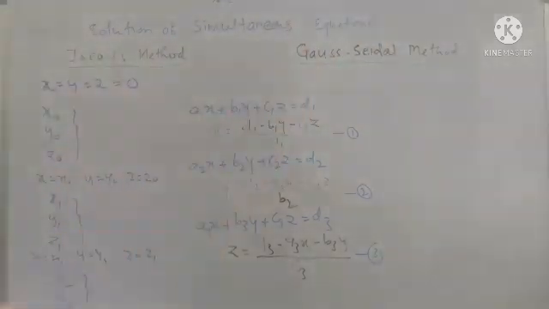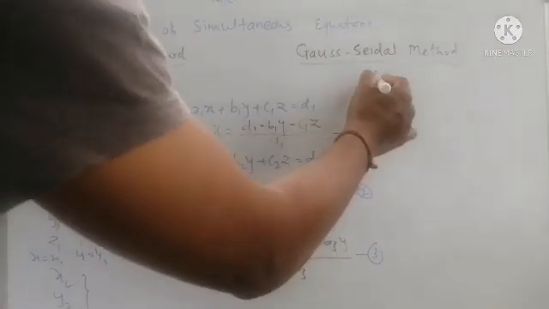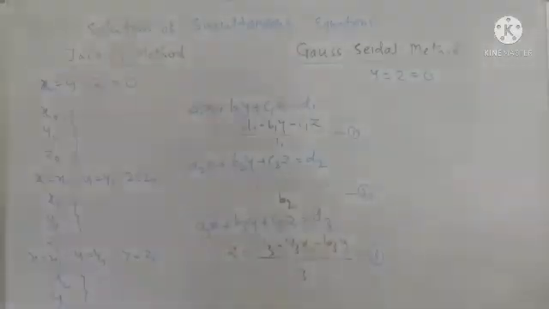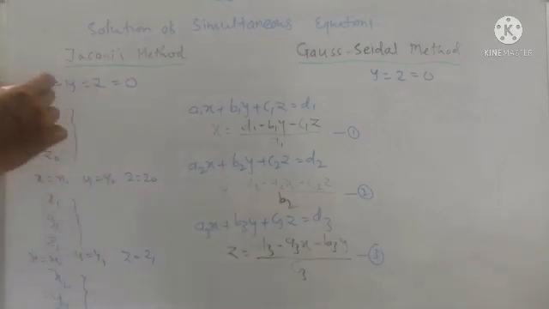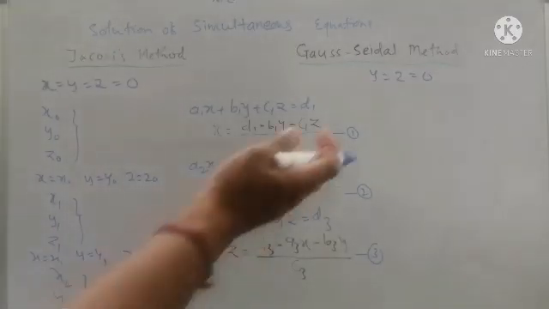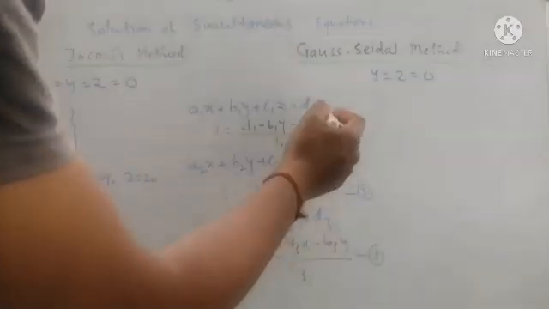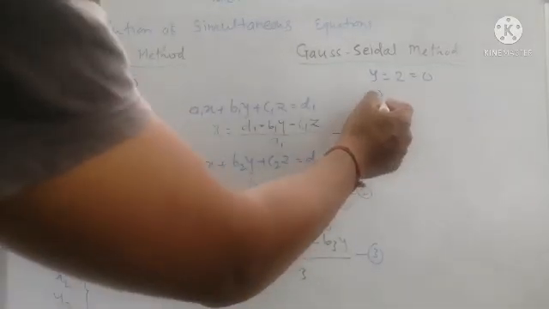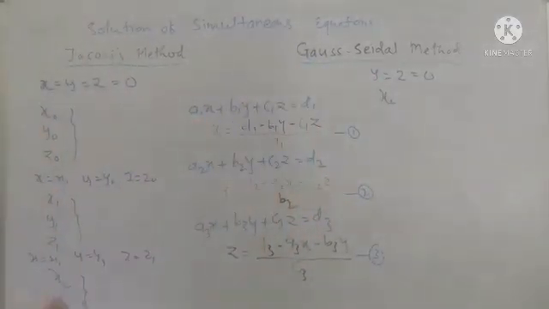Now in the Gauss-Seidel method, what we do is we take only y and z equal to 0. Now remember, in Jacobi's method we take all three unknowns as 0, but here we take only y and z equal to 0. Using these values, we can find the value of x from equation 1 as x0 by putting y and z equal to 0.